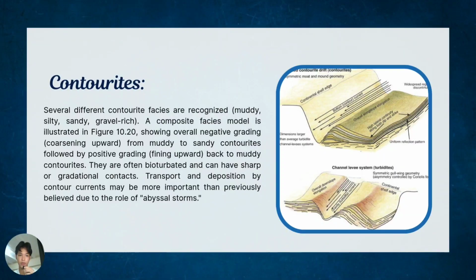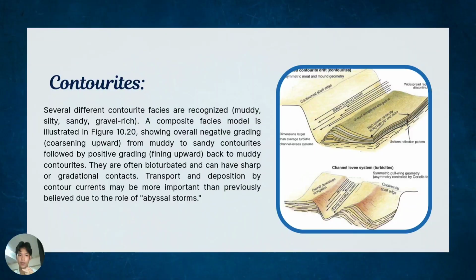And also contourites. Several different contourite facies are recognized: muddy, silty, sandy, and gravel-rich. A composite facies model is illustrated, showing overall negative grading from muddy to sandy contourites, followed by positive grading back to muddy contourites.